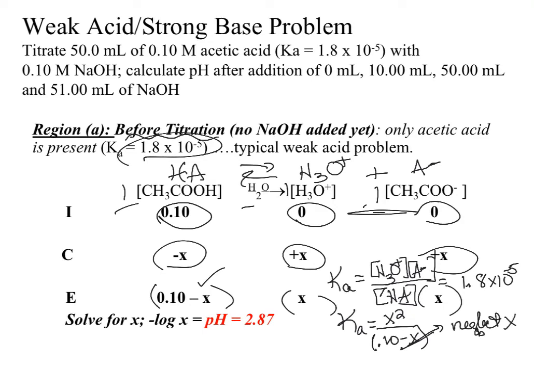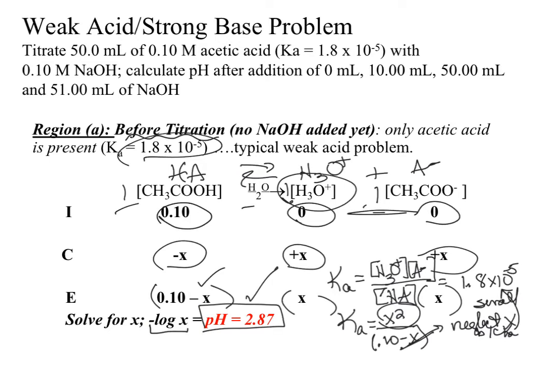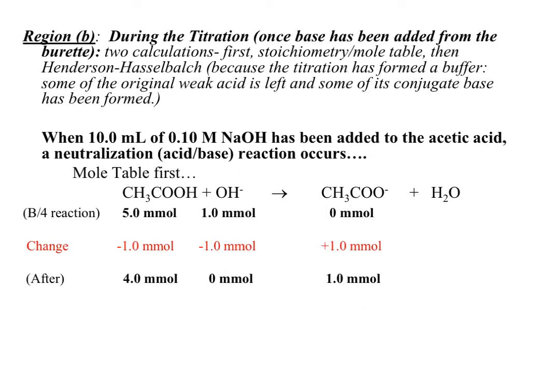Neglect x because Ka is small, so you're not going to make very much x. All right, and then simply solve for x. What is x going to be? x will be the hydronium ion concentration. So if you take minus log of that hydronium ion concentration, you get the pH. So this is the pH at the beginning before any sodium hydroxide has been added.